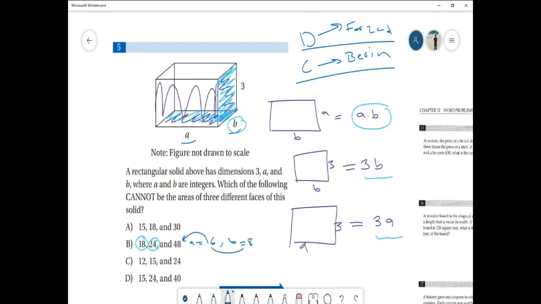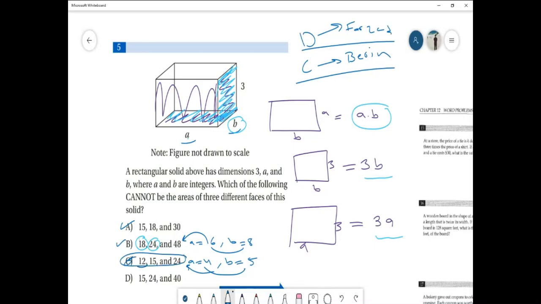So this answer is true. I'm looking for wrong answers. So if 3A is 18, A will be 6. And here, if 3B is equal to 24, let's say, it doesn't matter if you change the places, it will give you the same answer.